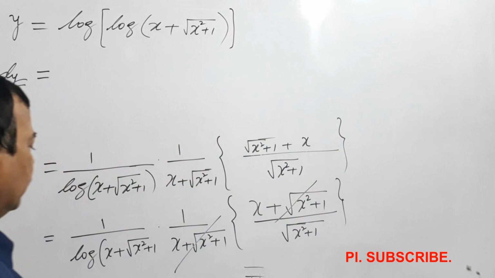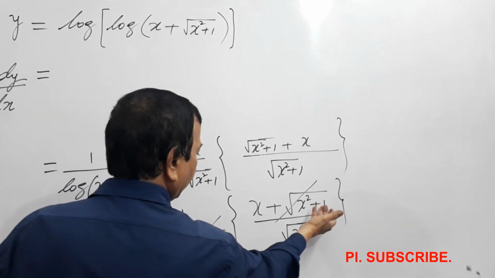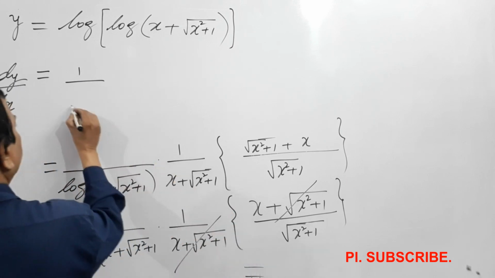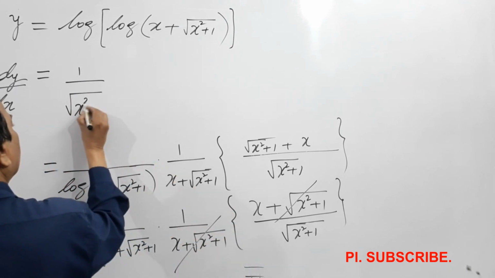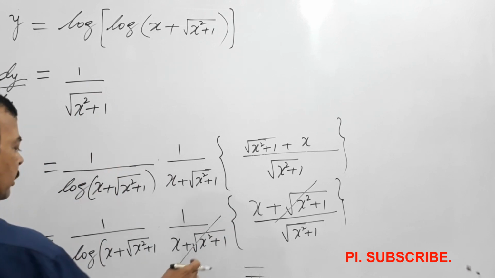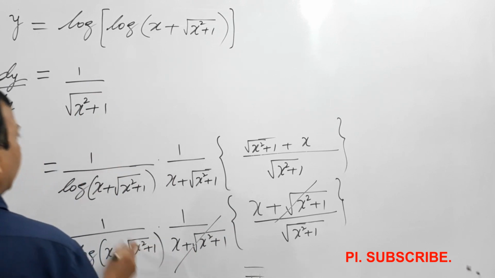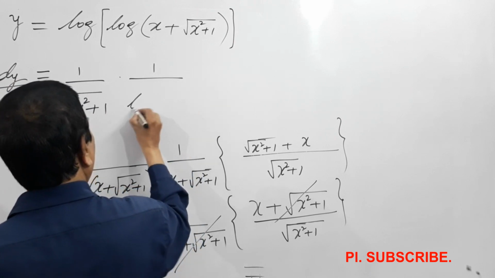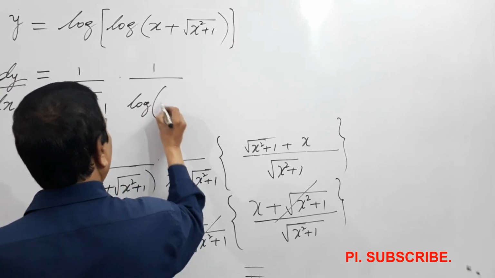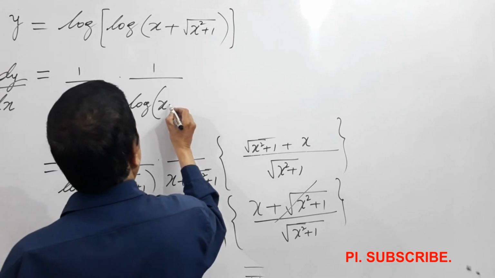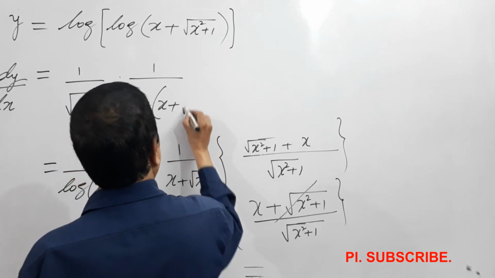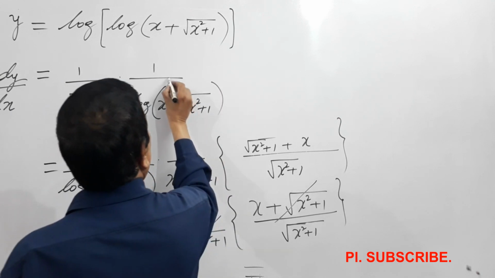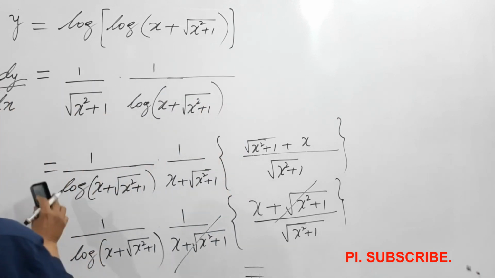So you're left with what? I'll write 1 by under the root x square plus 1. This portion is gone, you're left with this into 1 by log of x plus under the root x square plus 1.